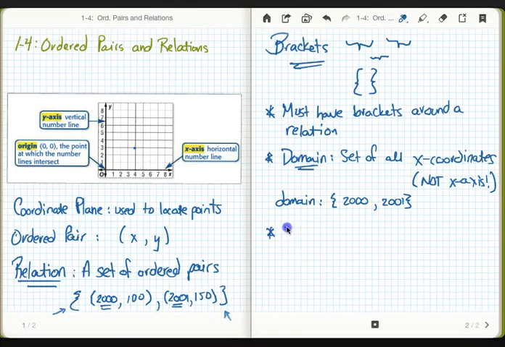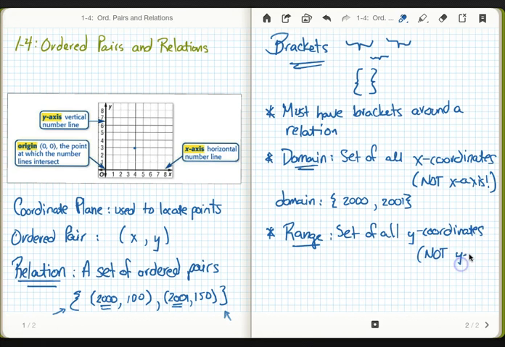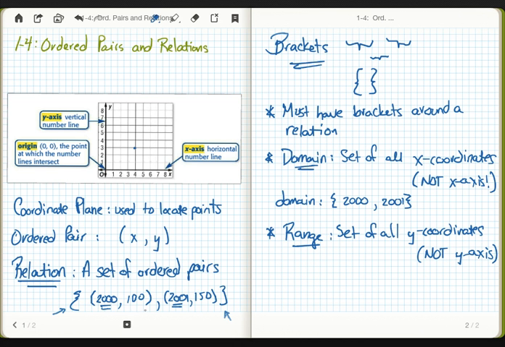So what's the range? It's the set of all y coordinates. And again, please note that this is not the y-axis. They don't mean the same thing. The y-axis, again, is a number line that goes on forever. But the y coordinates are their particular coordinates that I was focused on here.